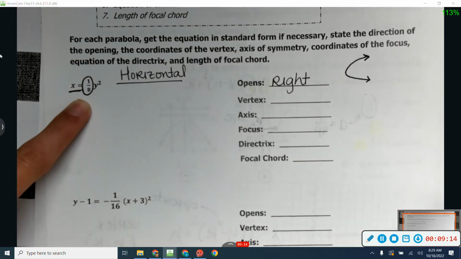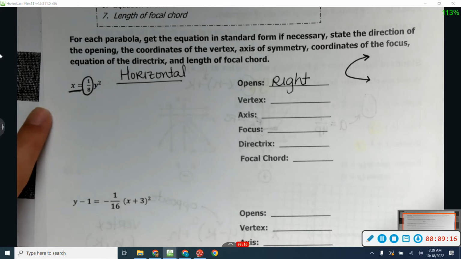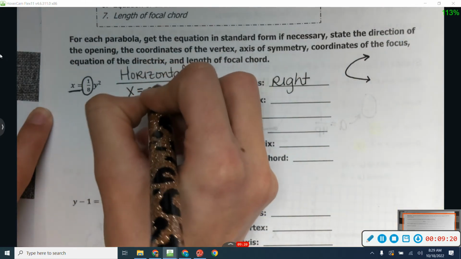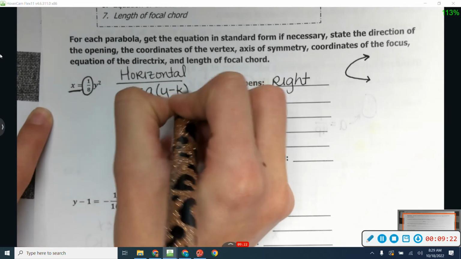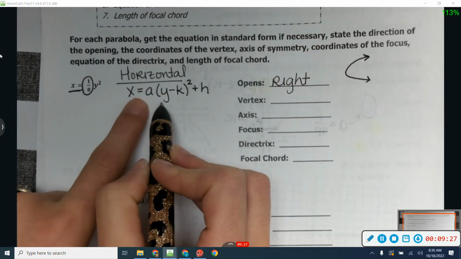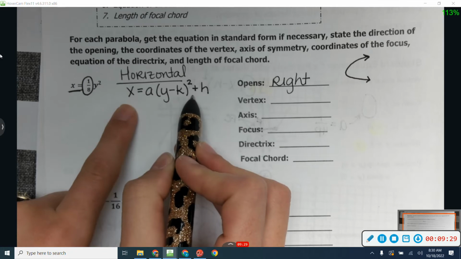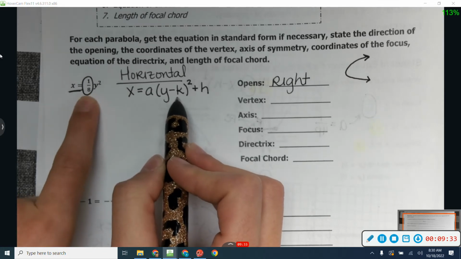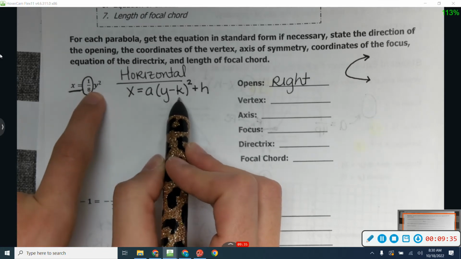Now my vertex, if my vertex form is x equals a(y minus k) squared plus h, I'm getting this from my formula chart. This is vertex form for a horizontal. And I compare that to my equation. Do I have anything inside my parentheses?